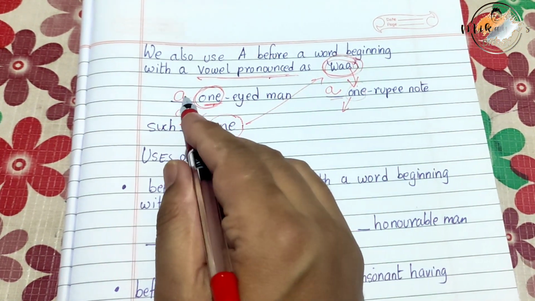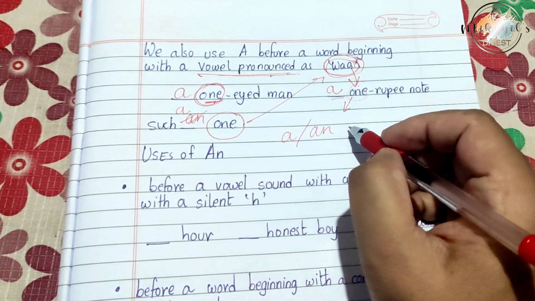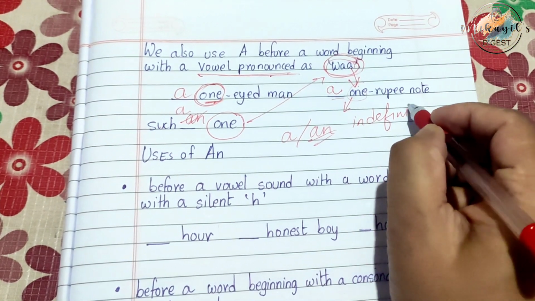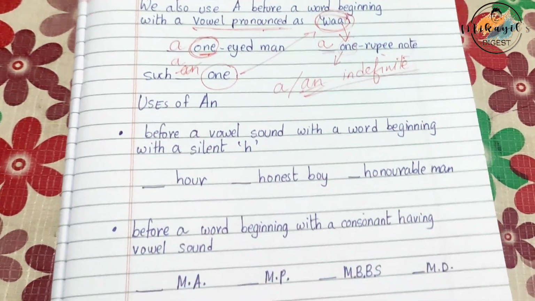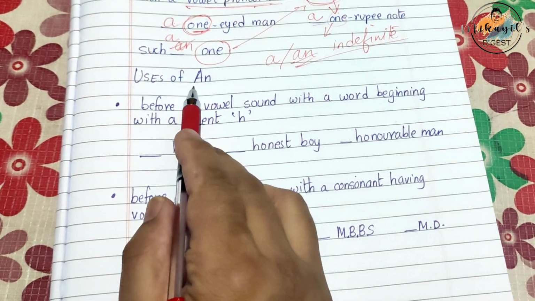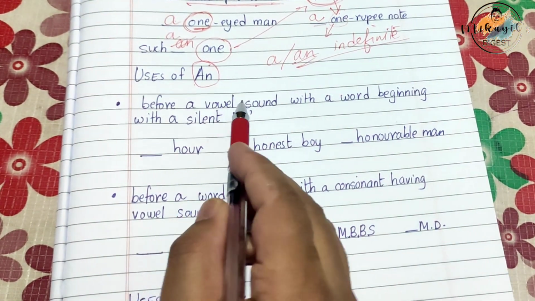We need to add a. And we have to understand that a and an are both indefinite articles. Now let us see some of the uses of an, which is another article.